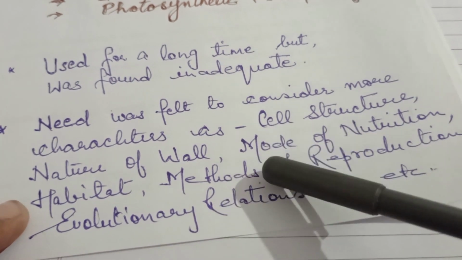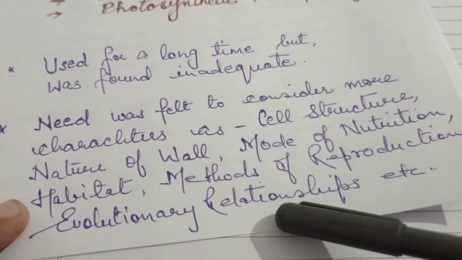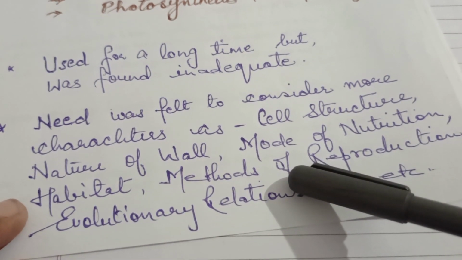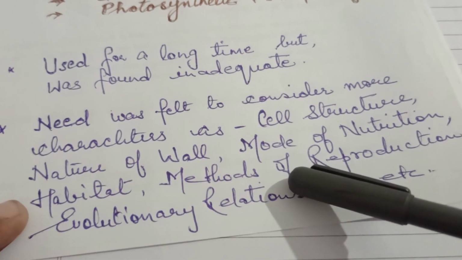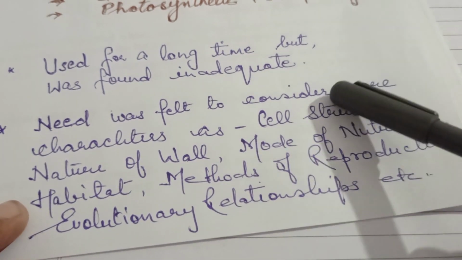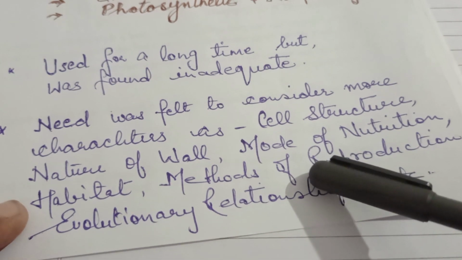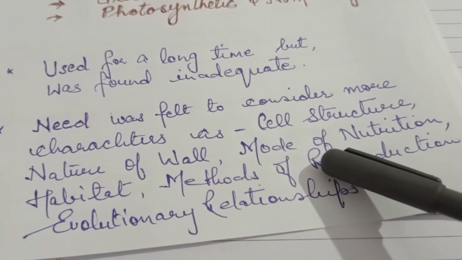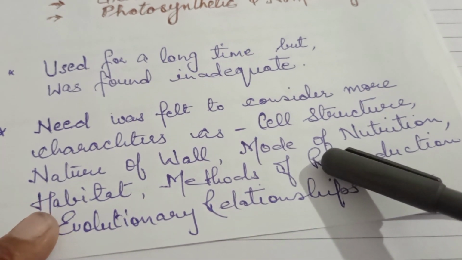So the classification systems, as you studied from Aristotle to Linnaeus, changed over time. Why? Because of the change in criteria.